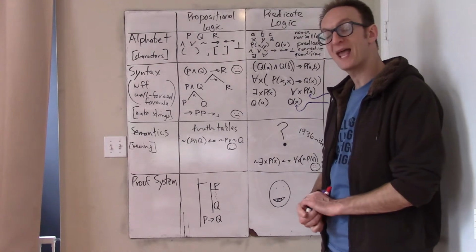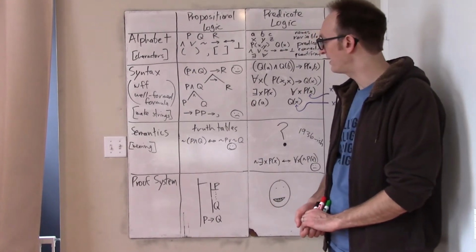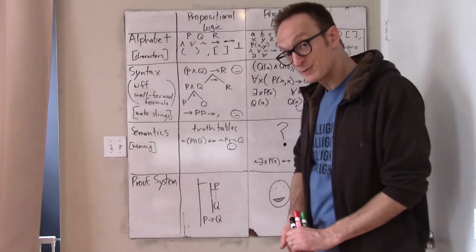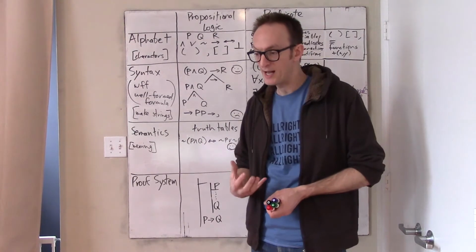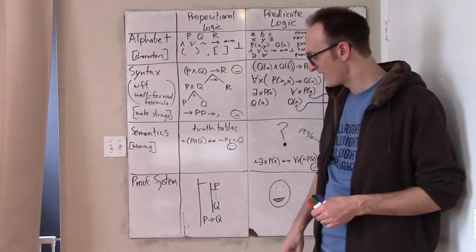And therefore, I can't convince you necessarily that the rules of this proof system are validity preserving, because I haven't even really told you what it means for these sentences to be true.